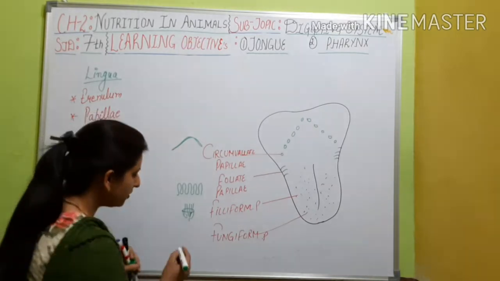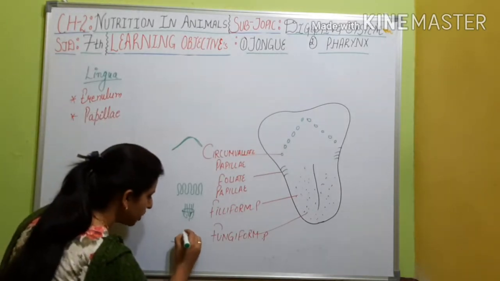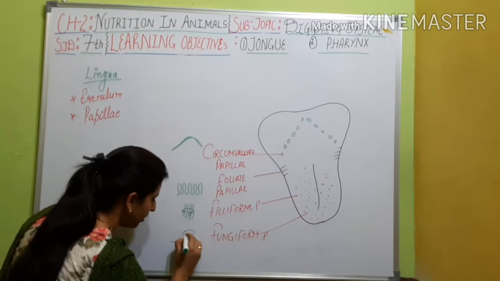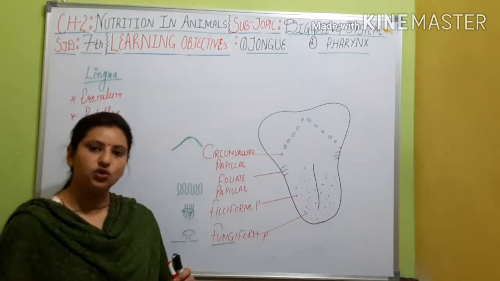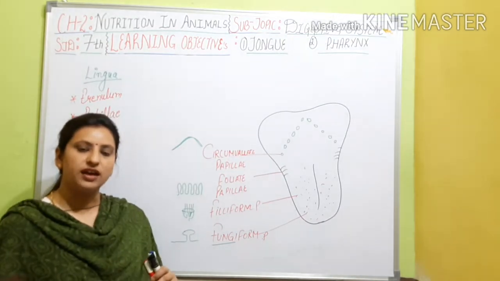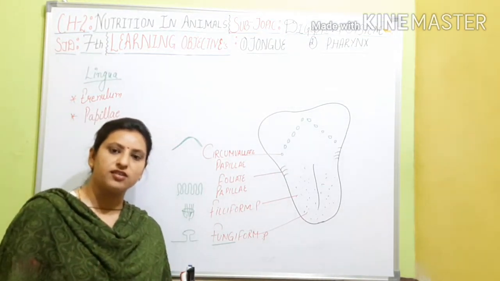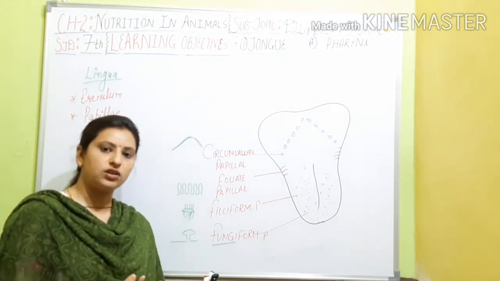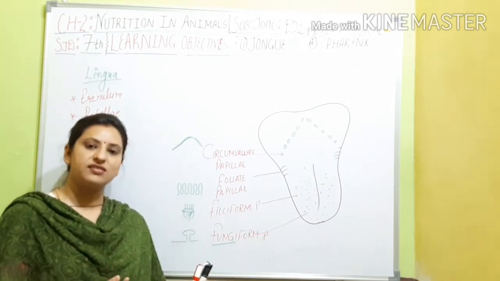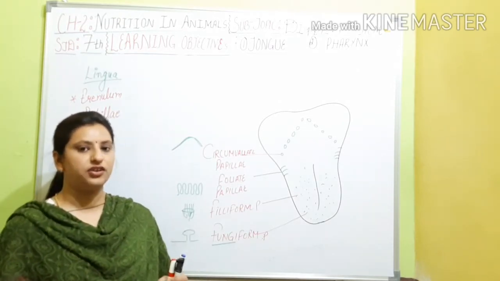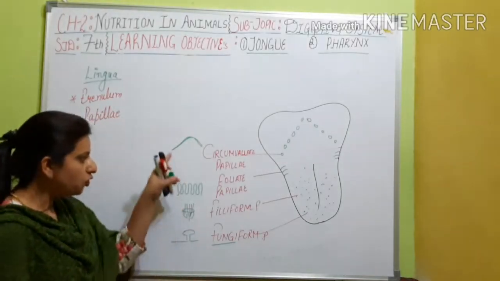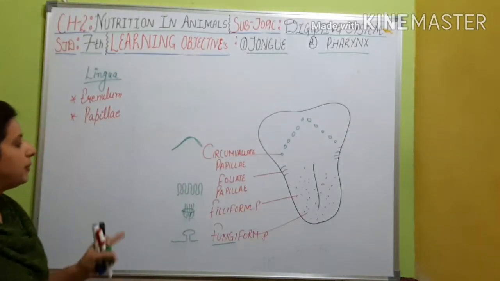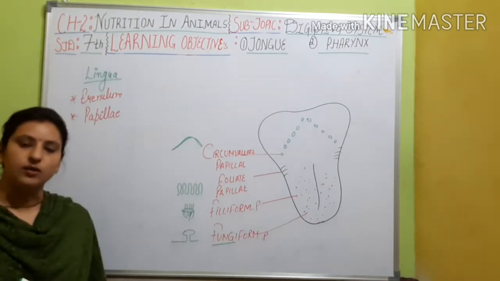The fungiform is somewhat like the shape of a mushroom, as the word fungi means something related to fungus, and fungus is a microorganism related to the structure of a mushroom. So they are the 4 types of papillae present in our tongue.